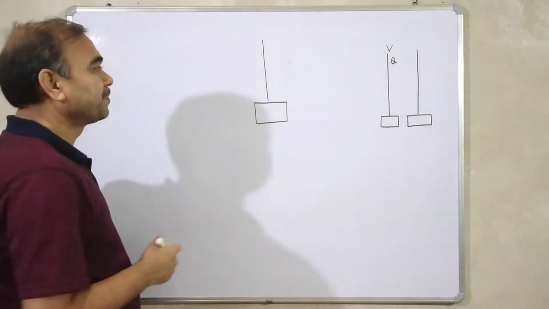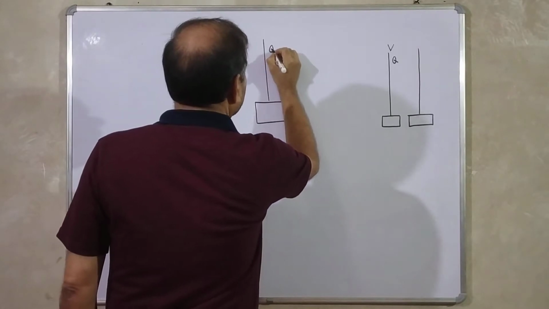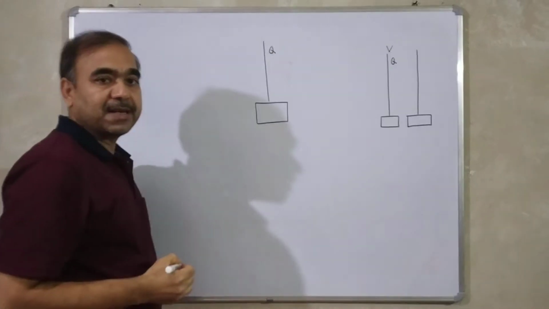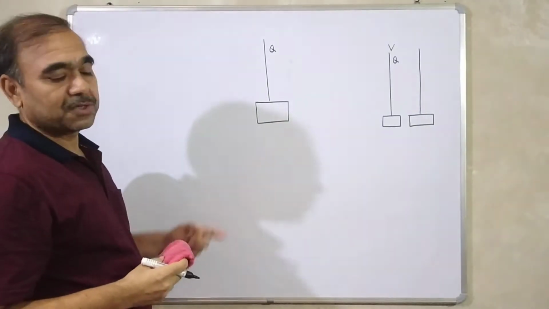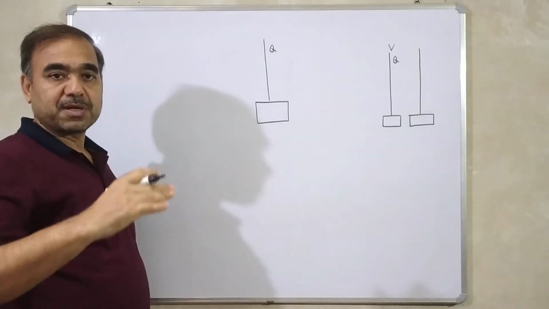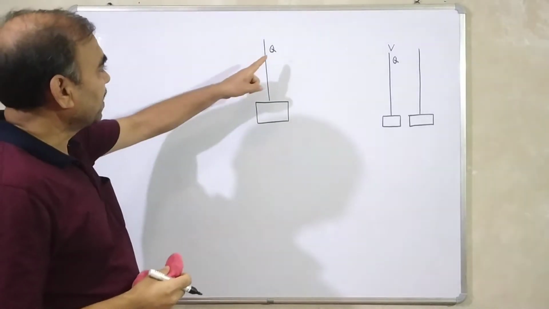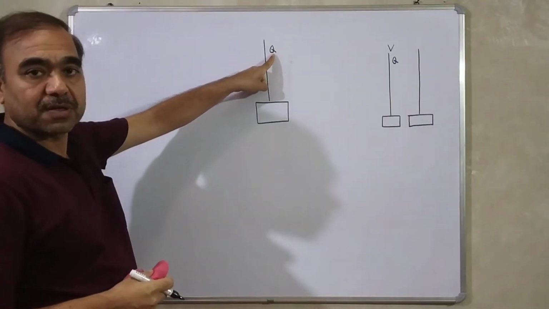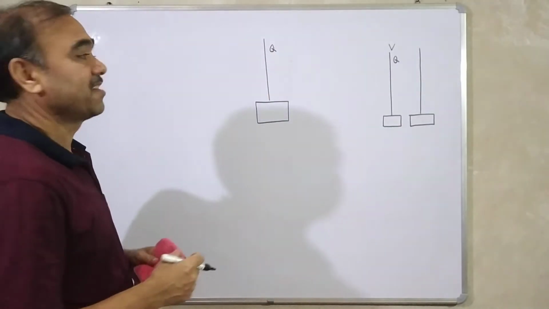At any time, suppose the charge on the conductor is Q, then it is found that whenever we supply the charge on the conductor, its potential rises. Okay? And when there is a charge Q on the conductor, its potential is V.